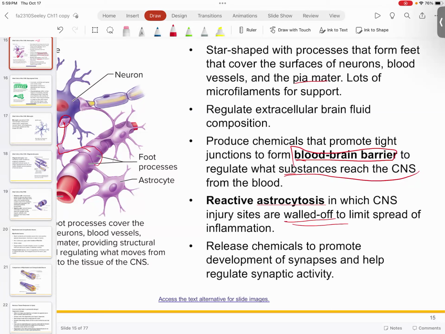And oftentimes the astrocytes are important, especially in axon healing and neural healing. Now, the astrocytes, if they're around, can promote the development of synapses.